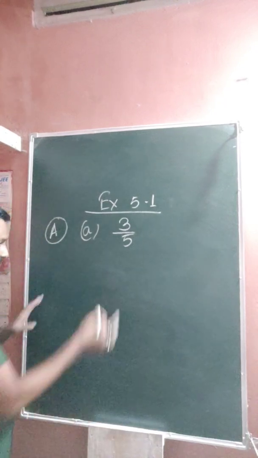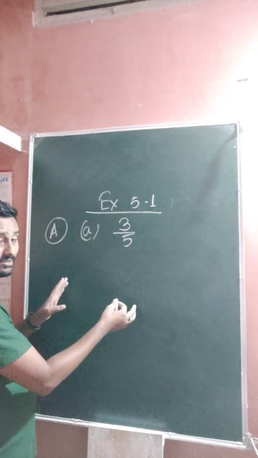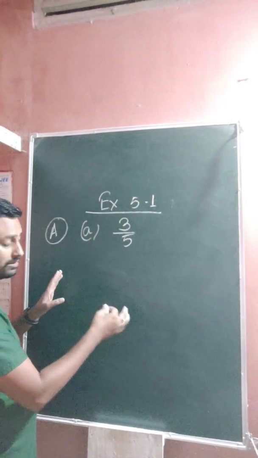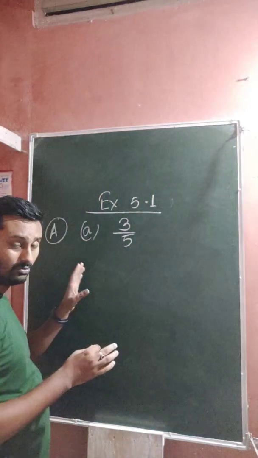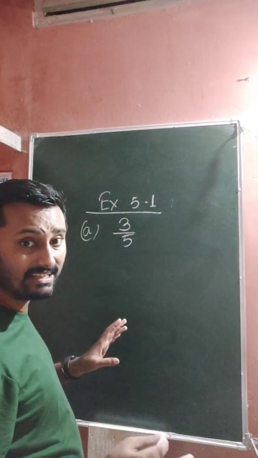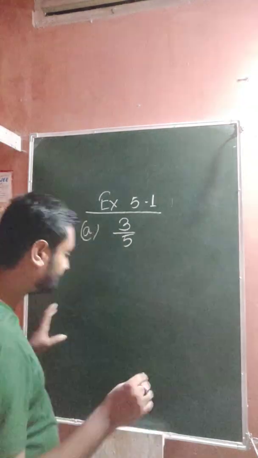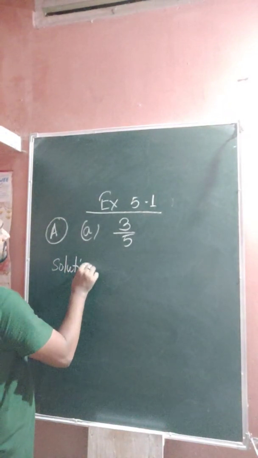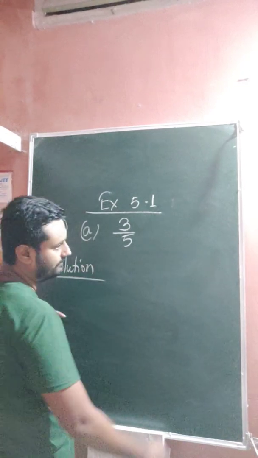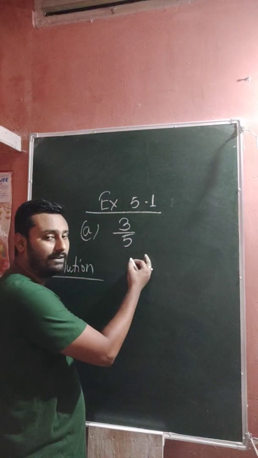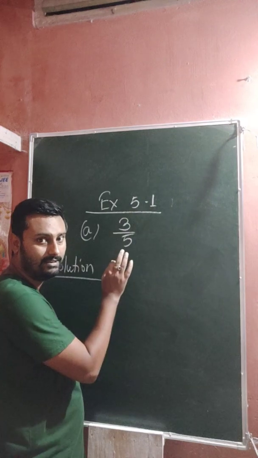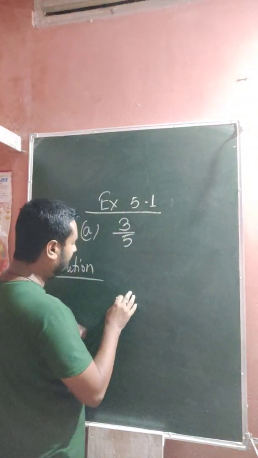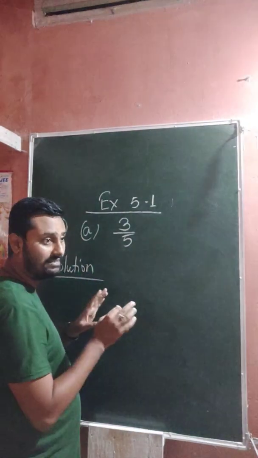Suppose I am doing this on the board. All of you do this by using a scale and pencil and make a very neat and clean figure. Okay. So solution: 3 by 5. That means out of 5 something, 3. You can easily draw this in any geometrical way.